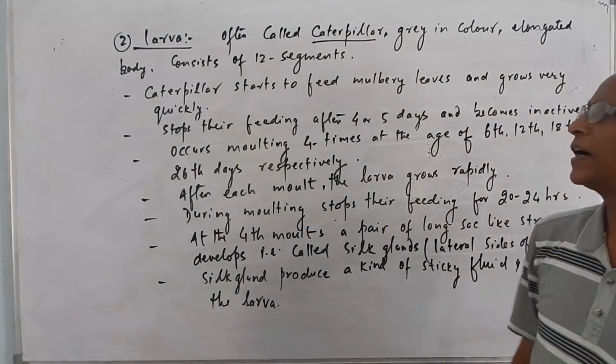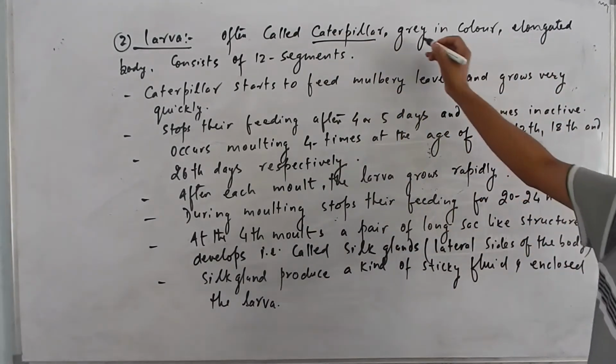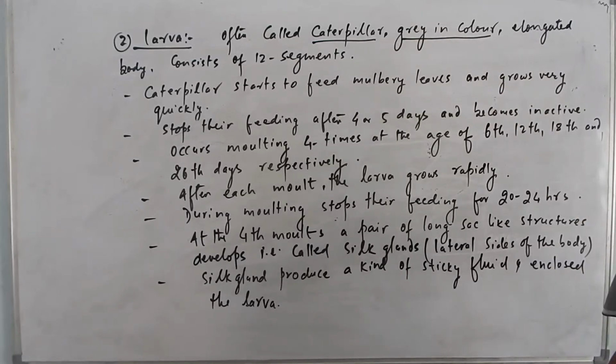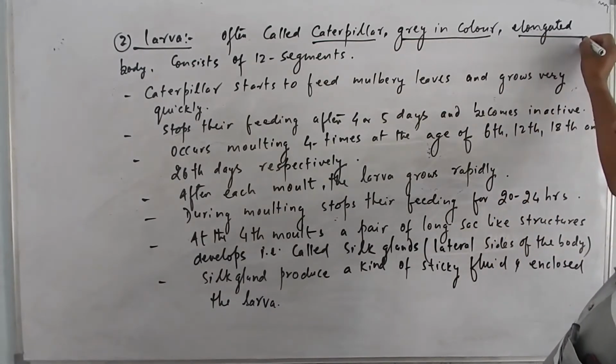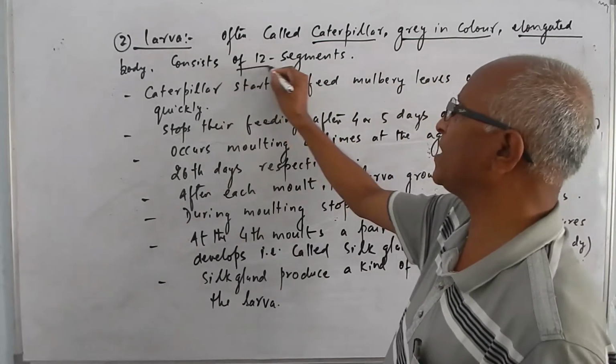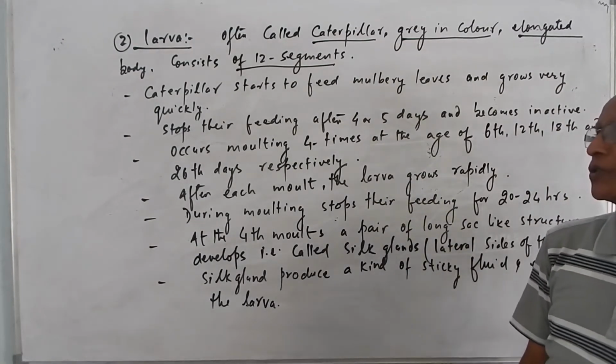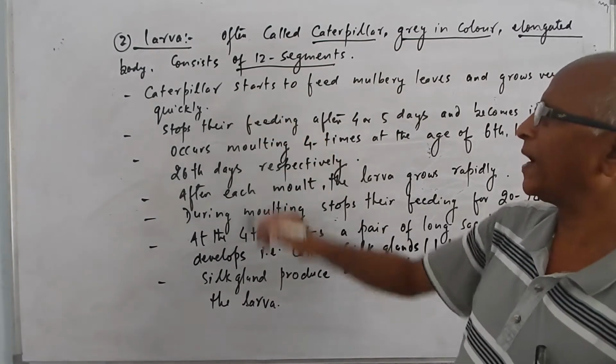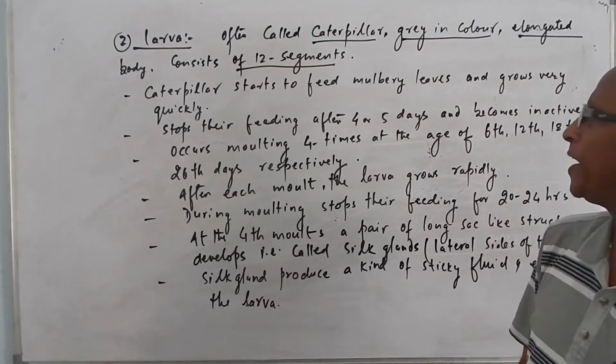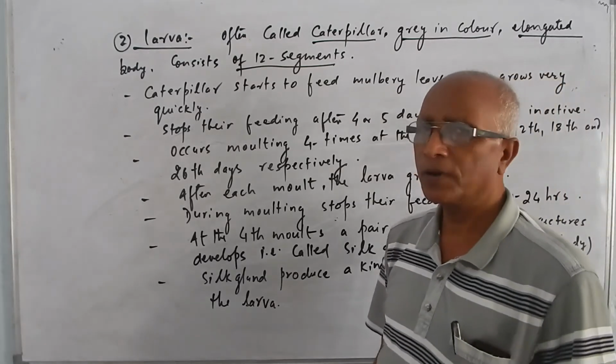It is grey in color with an elongated body, and the complete body is made up of 12 segments. The caterpillar starts to feed on mulberry leaves.